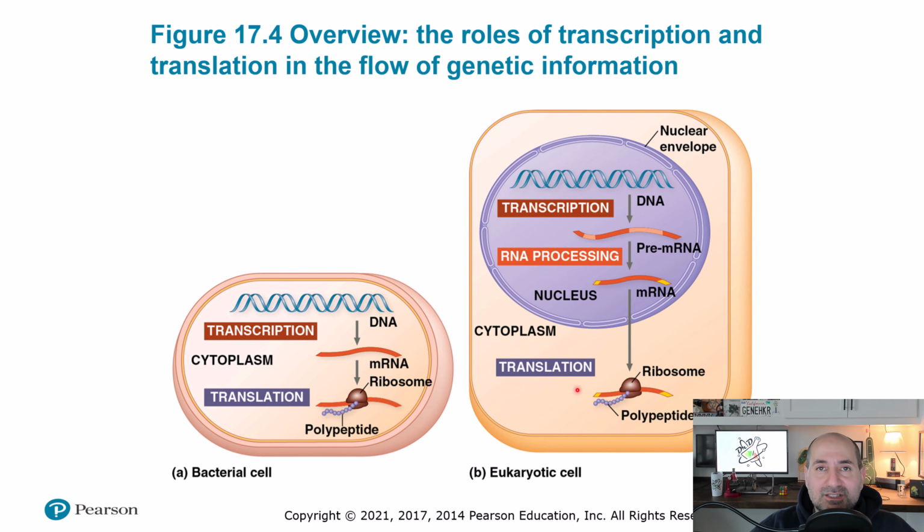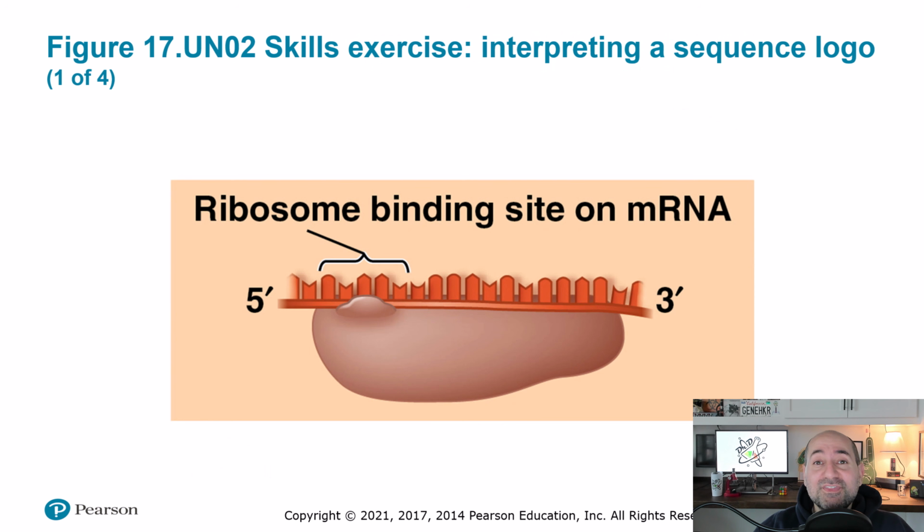How does translation begin? Now, one thing you need to understand is that translation doesn't begin at the first nucleotide on the mRNA. It occurs downstream a bit. What happens is the small subunit of the ribosome. Remember how the ribosome looks like a hamburger bun with a large subunit and a small subunit?